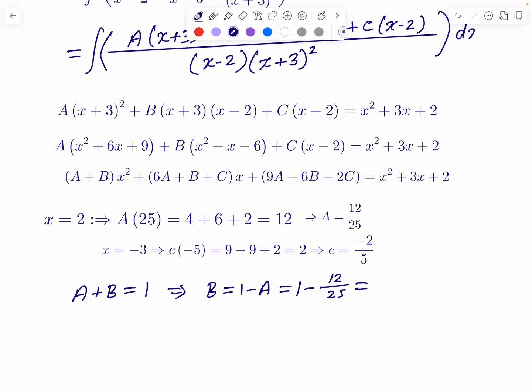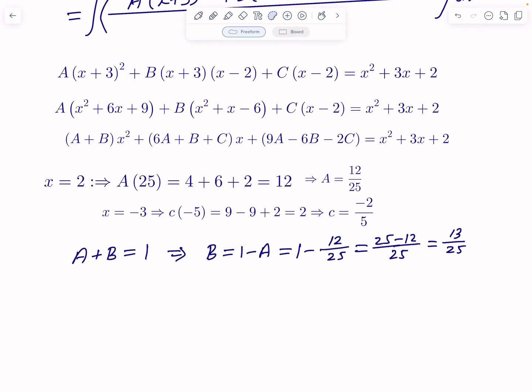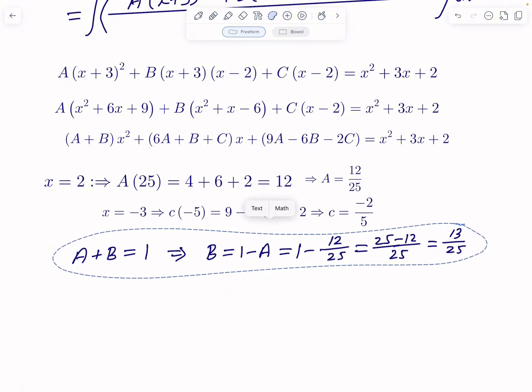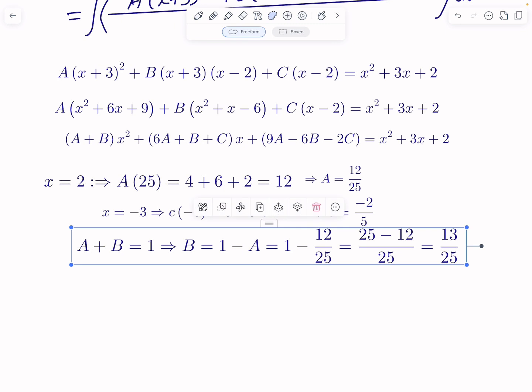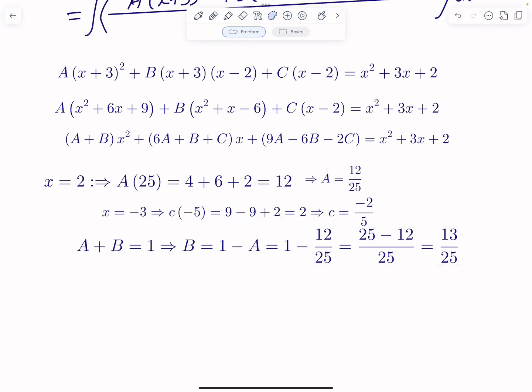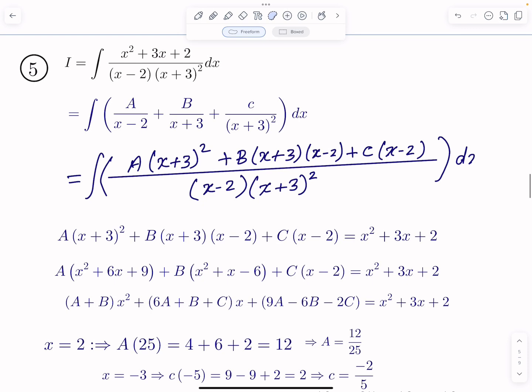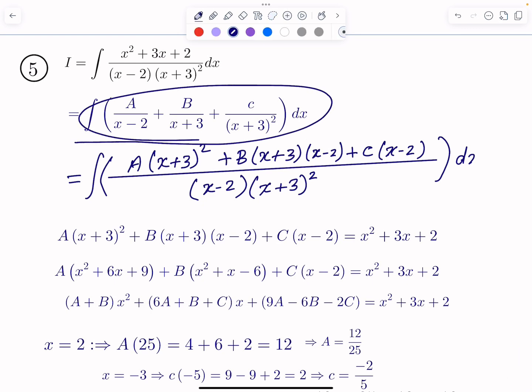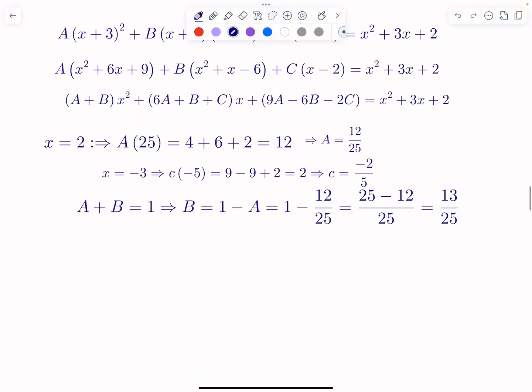Therefore, b equals 1 minus a, which is 1 minus 12 over 25, which is 25 minus 12 over 25, and equals 13 over 25. So b is 13 over 25.